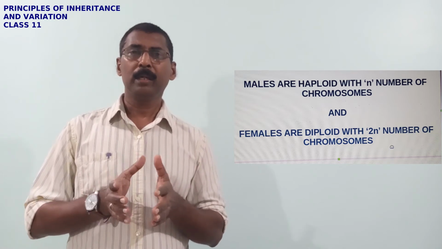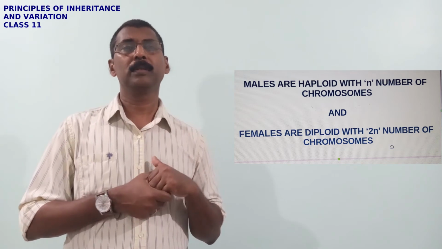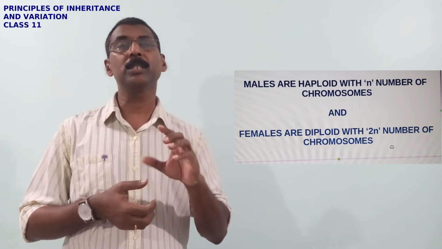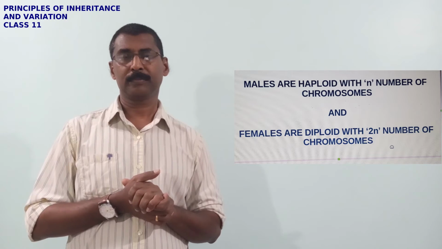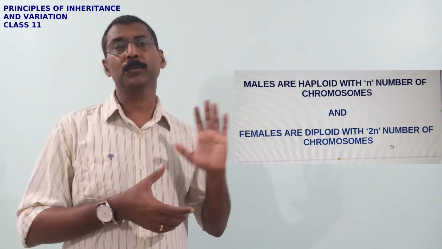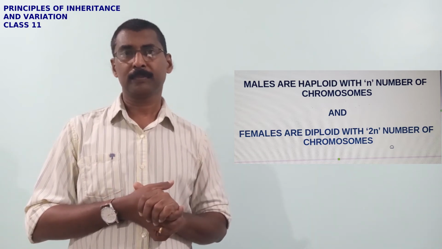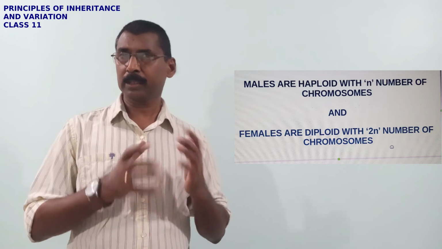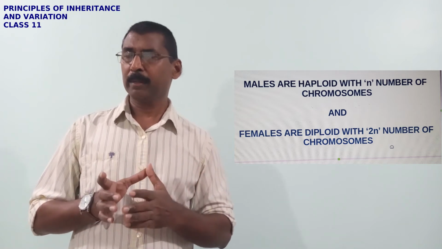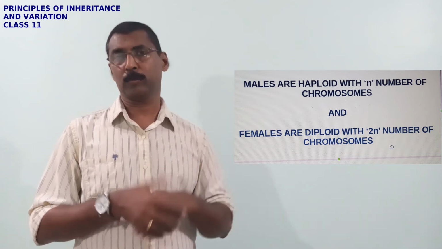In honeybee, the haploid chromosome number is 16, and in the female honeybee, it is 32, the diploid condition. Or in other words, when males have 16 chromosomes, females have 16 pairs of chromosomes.